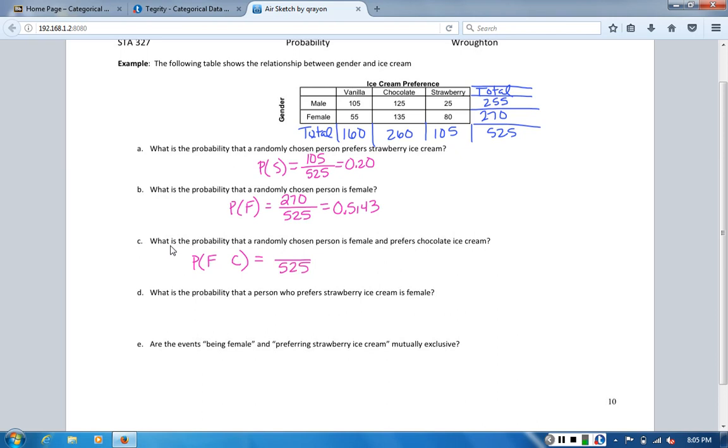So we're starting with all 525 people. So we're really trying to find the probability that any of our people are female and, which is our intersect, chocolate. So we're going to go up here to where my female is, where my chocolate is, where do those intersect. That's my 135 on the top.